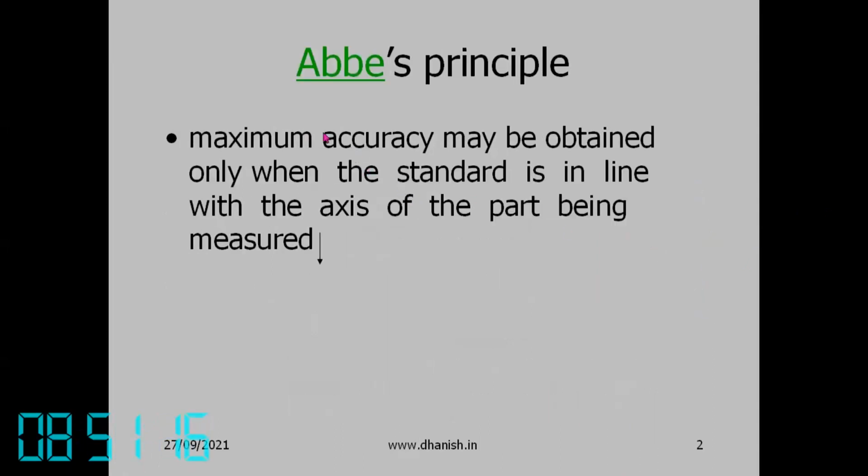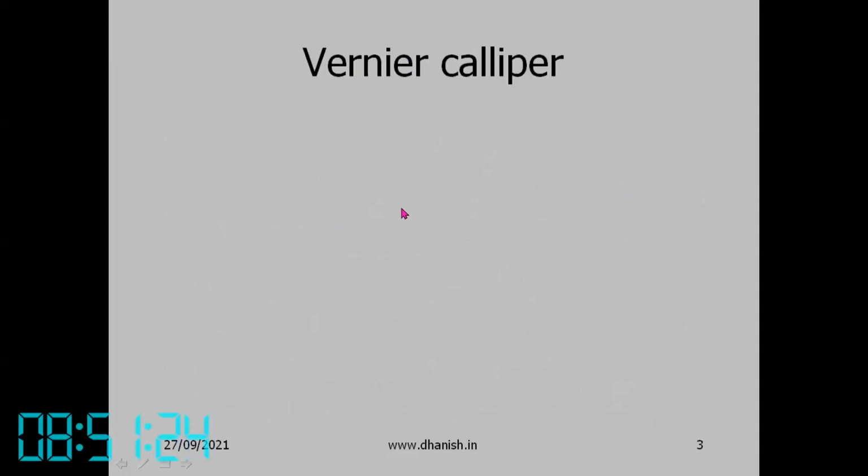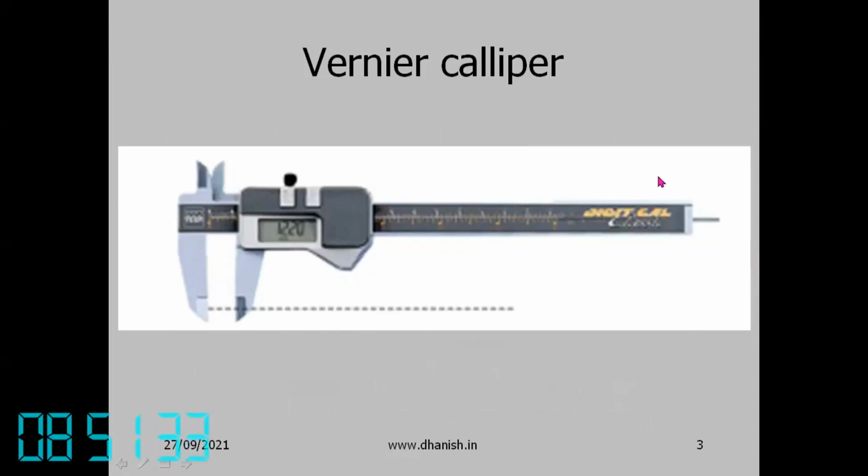So Abbe said that the maximum accuracy is obtained only when the standard is in line with the axis of the part being measured. Now let us see some examples, whether they follow Abbe's principle or not. For example, the vernier caliper. Where is the scale? The scale is here.